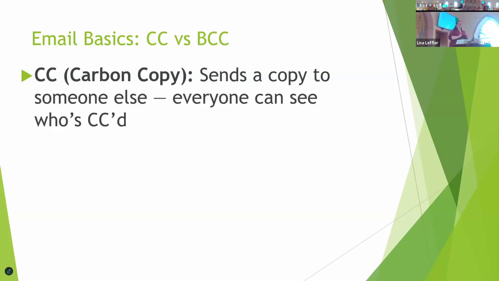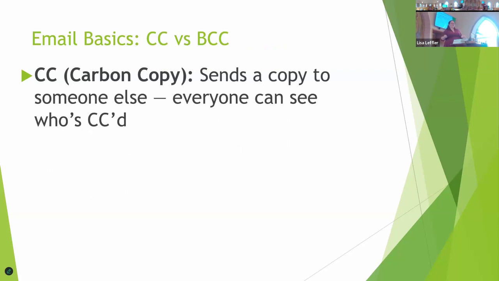And this is another important thing to know the difference of, because if you get it mixed up, it can have privacy issues. When you're emailing, you have To, which is if you're just sending it to anybody, and then carbon copy, which means they're going to get a copy of the email.